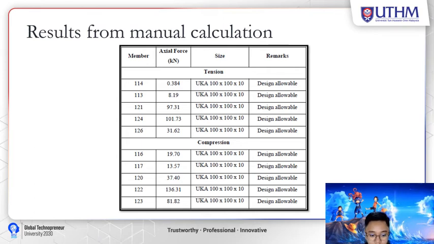Member 120 axial force 37.40, size UKA 100 times 100 times 10, design is allowable. Member 122 axial force 136.31, size UKA 100 times 100 times 10, allowable. Lastly, member 123 axial force 81.82, size UKA 100 times 100 times 10, this design is allowable.